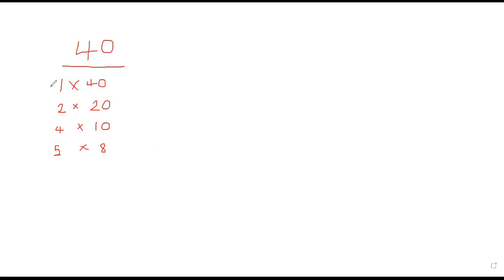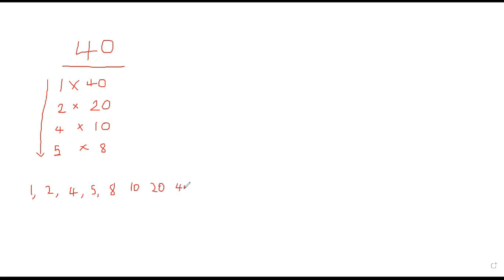Now, always write these numbers in this order. By placing this arrow, it means we're going to start writing from here. We're going to start by writing 1, 2, 4. Always put a comma to differentiate the numbers. 5, 8, 10, 20, and 40.